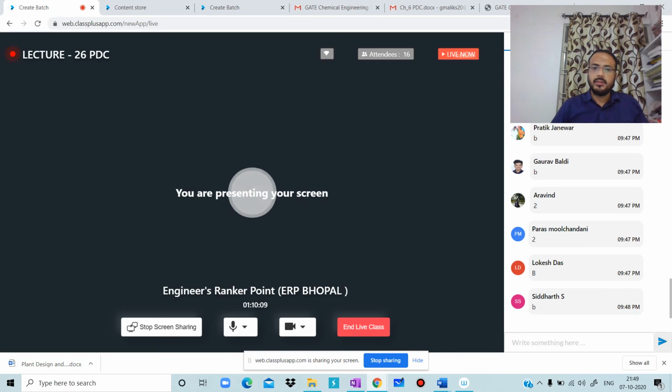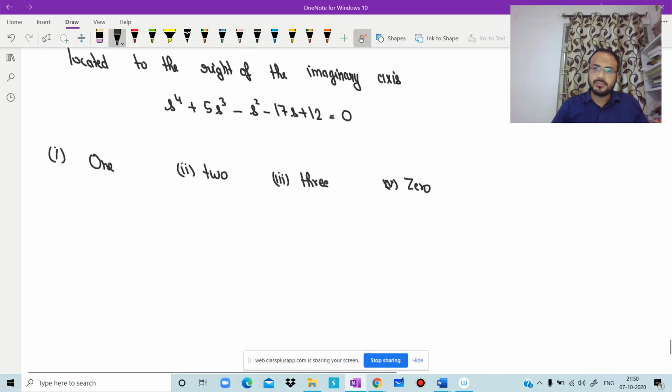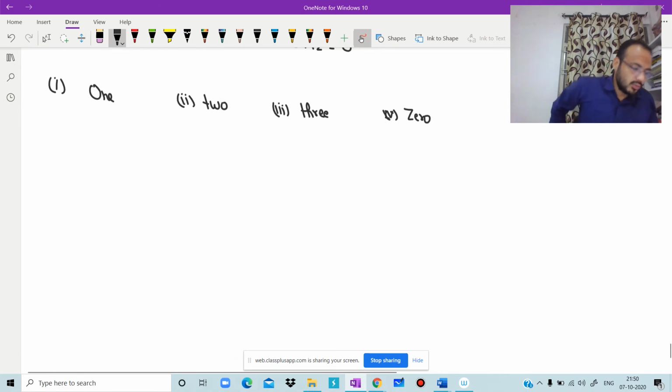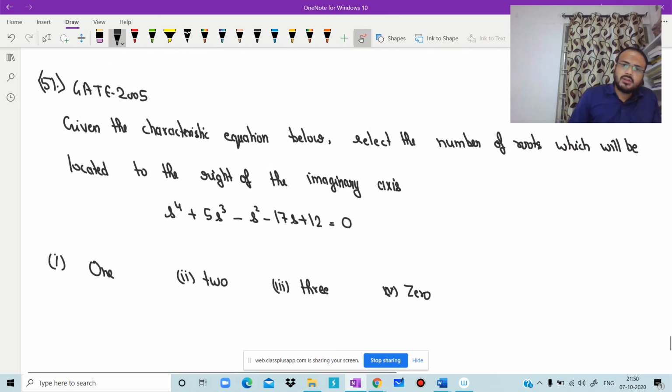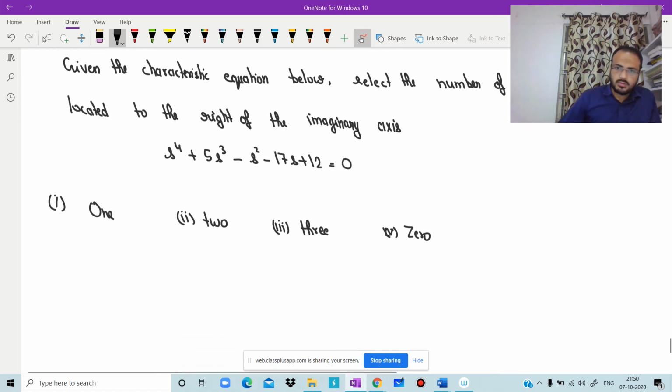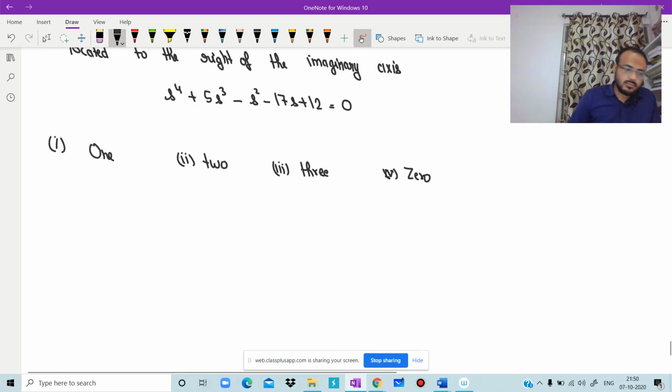Time up. Now we will solve it. Your first step: root 1. So we will get A node, A1, A2, A node, A2, so we will get 1, minus 1, 12. Is it clear?